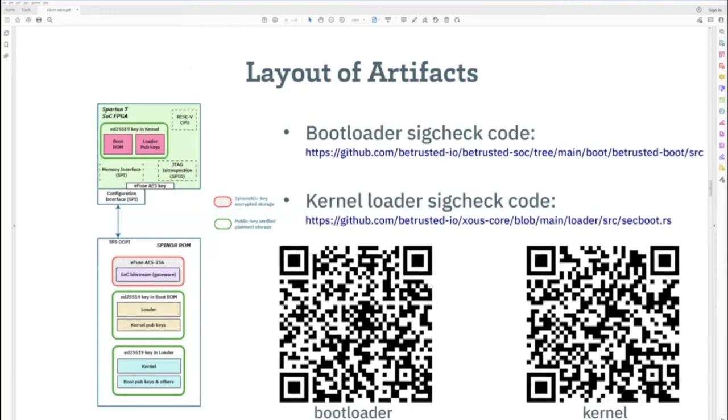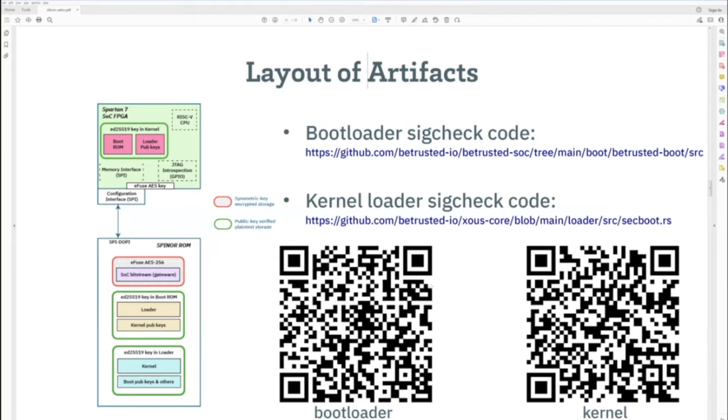In terms of the artifacts that are involved in boot, this is sort of the gross layout of where everything is. Everything in this project is open source, and everything I talk about is published online. So I've included the QR codes for URLs that will drop you directly into the bootloader signature check code and the kernel signature check code.